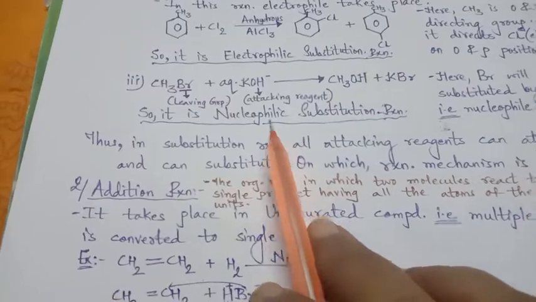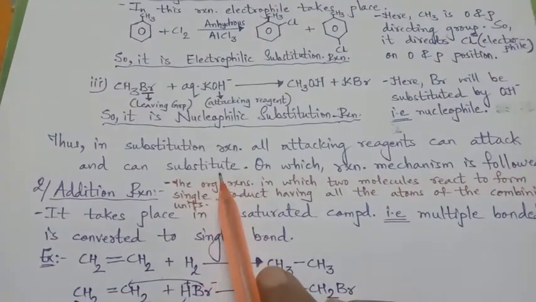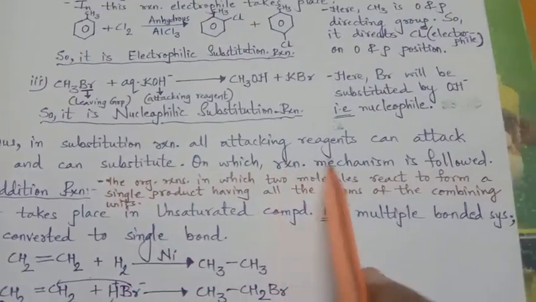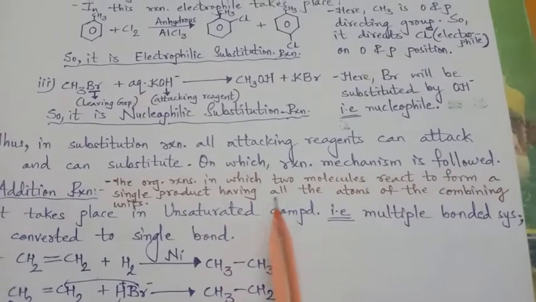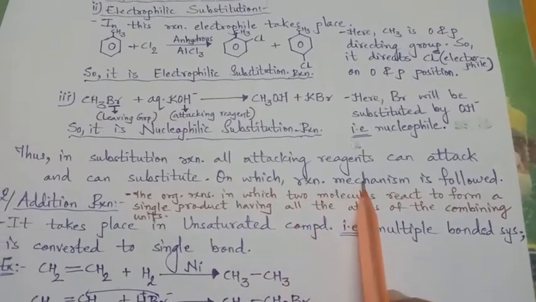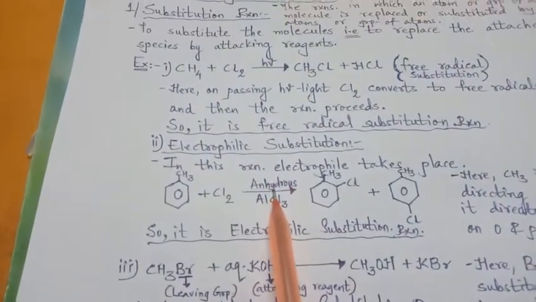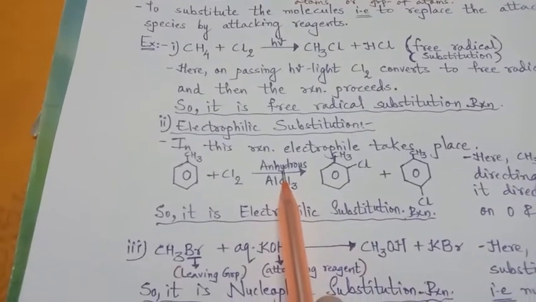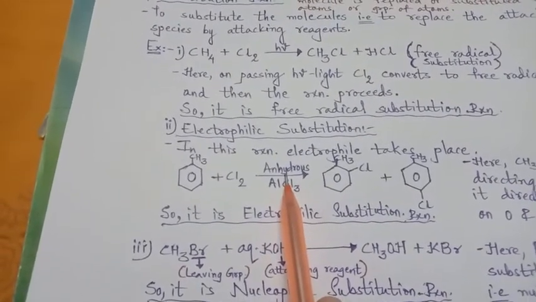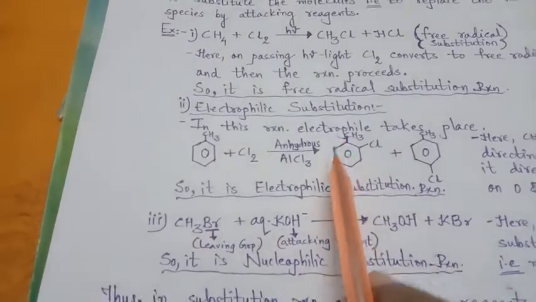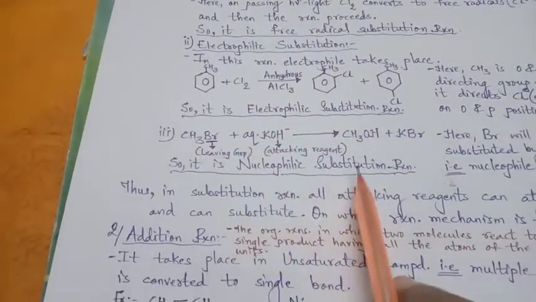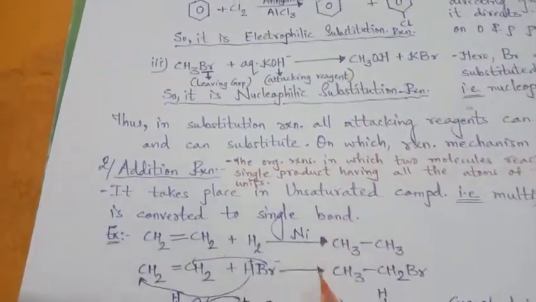We will study the reaction mechanisms in the next chapter. First, free radical and electrophilic mechanisms we will learn in the second chapter of organic, and nucleophilic we will study in 12th standard.